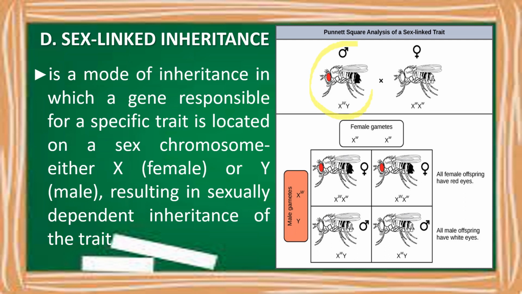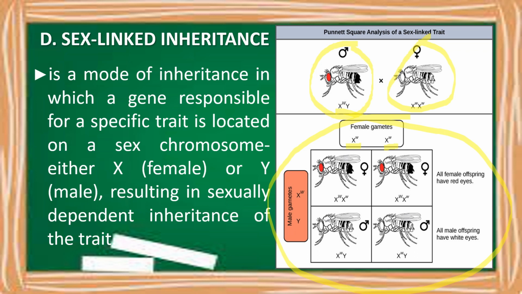The male insect has X to the power of W and Y alleles. Then the female is X to the power of W and X to the power of W. So we make a Punnett square to see the offspring. We put the alleles of the female gametes, X to the power of W and X to the power of W, and the male gametes, X to the power of W and Y.